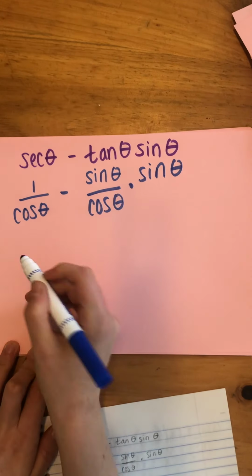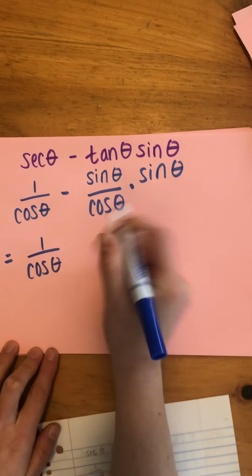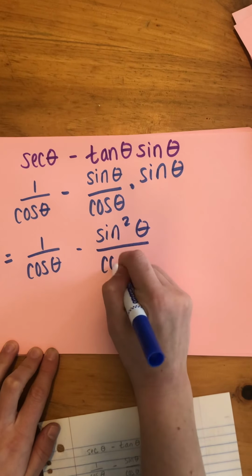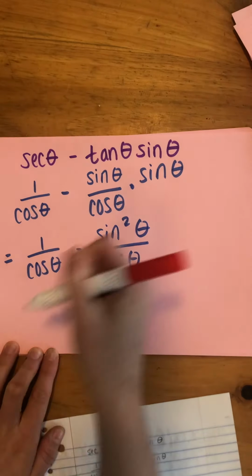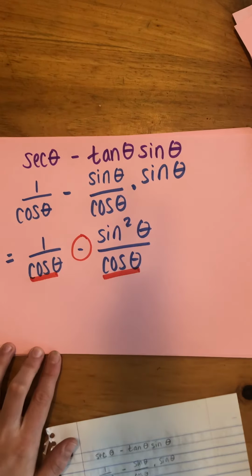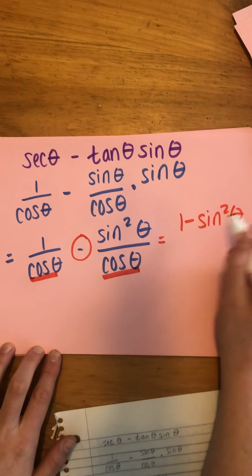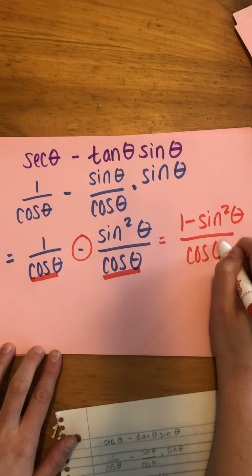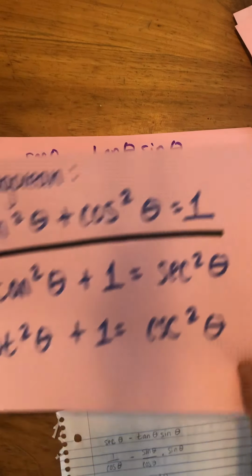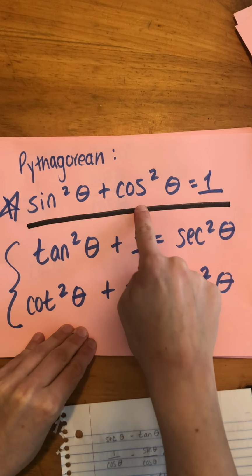All right, so now we're going to just multiply. We get 1 over cosine theta minus sine squared theta over cosine theta. We're still subtracting, but we have common denominators, so we don't have to do another step. So this is really just 1 minus sine squared theta over cosine theta. Well, using our Pythagorean rules, we know that 1 minus sine squared theta is really just cosine squared theta.